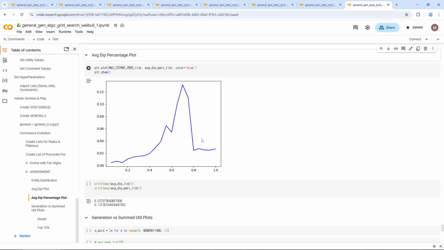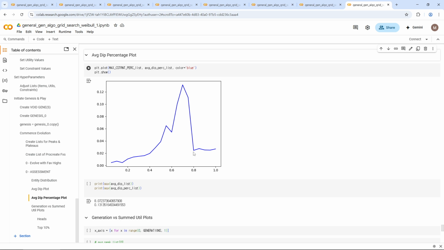There are little to no dips, or the dip size percentage is small when you have a lot of items.